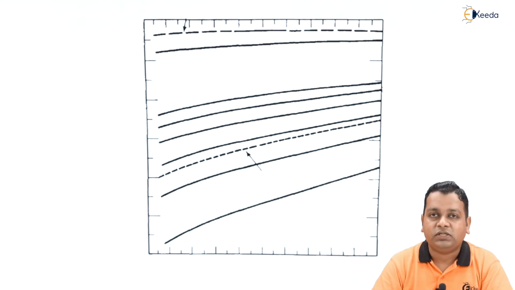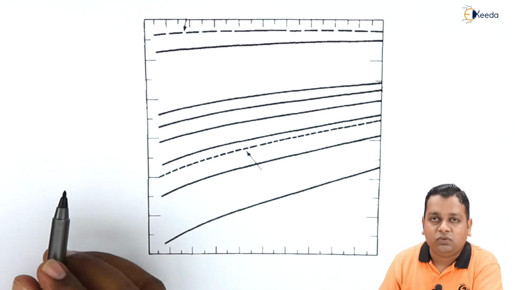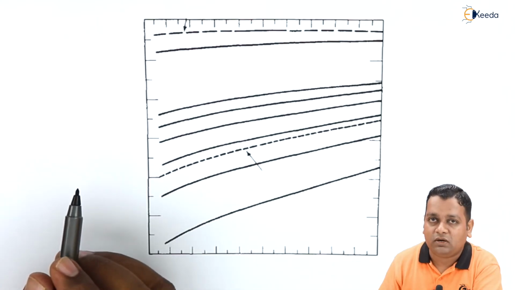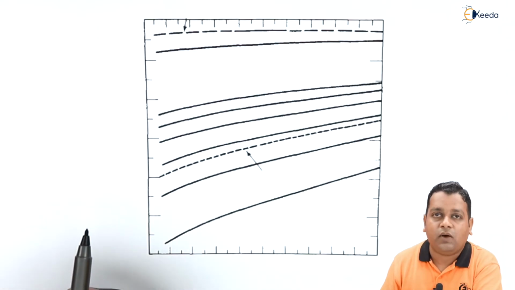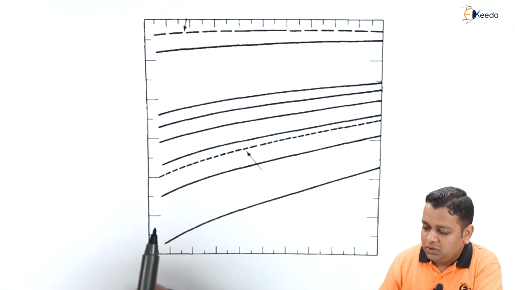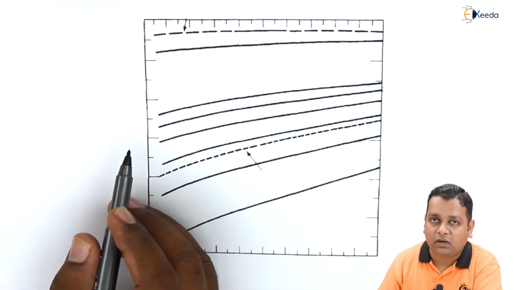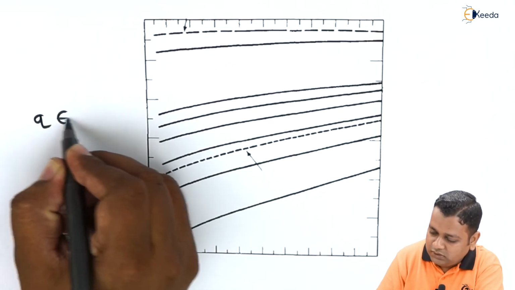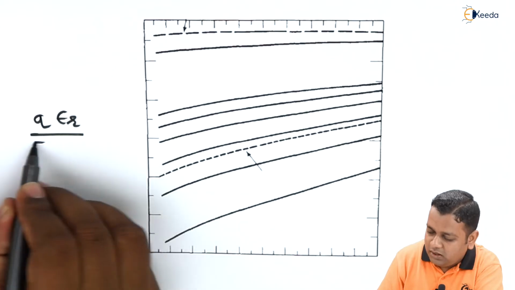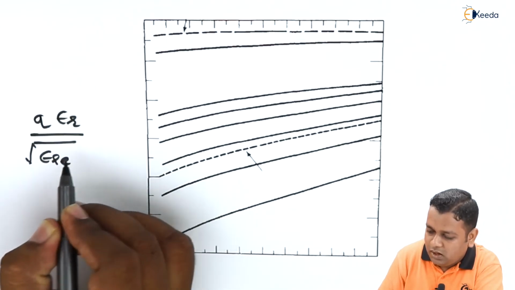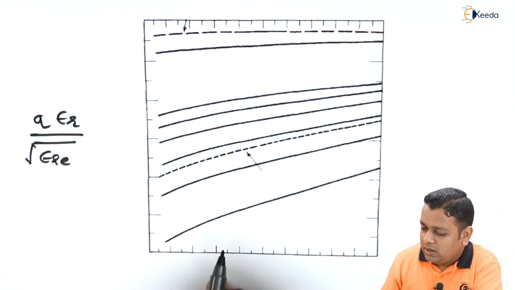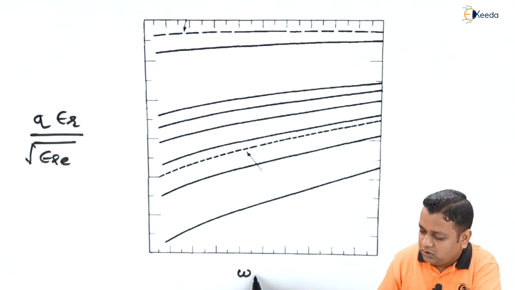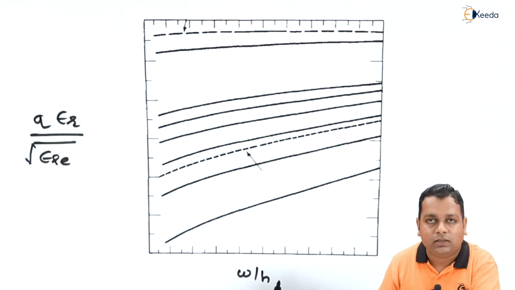So now, with respect to the earlier relation we have seen, let us have a plot that describes the information with respect to the filling factor we have represented in the equation corresponding to the values of W by H. So in this graph, we have the filling factor represented onto the vertical axis by q times epsilon r divided by square root of epsilon Re here, whereas onto the horizontal axis we take the ratio W divided by H here.